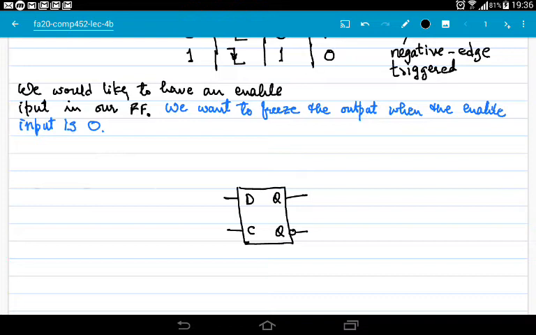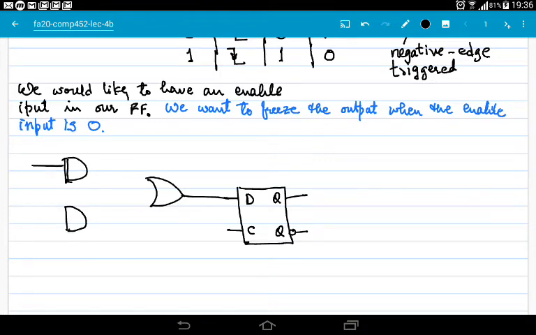Okay, so let's draw this circuit. So here we have an OR gate, and the output of the OR gate goes in here. Then we have two AND gates.